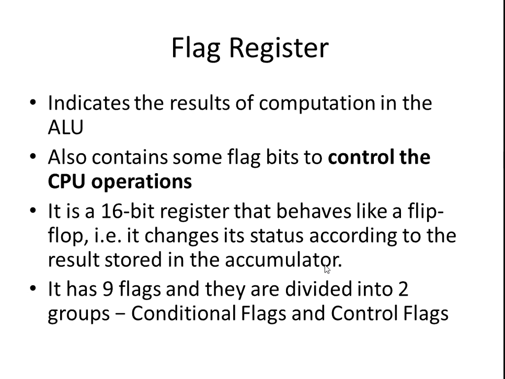It indicates the result of computation in the ALU and also contains some flag bits to control the CPU operation. It is a 16-bit register that behaves like a flip-flop. Each flag changes its status according to the result stored in the accumulator. It has 9 flags, divided into two groups, conditional flags and control flags.